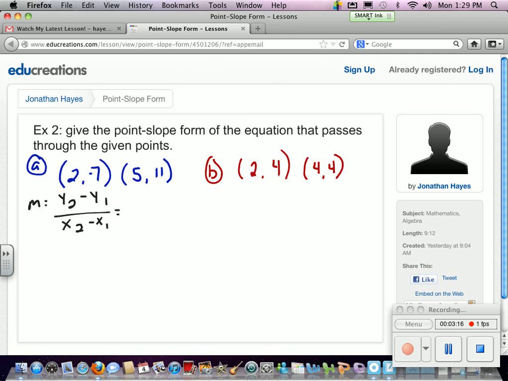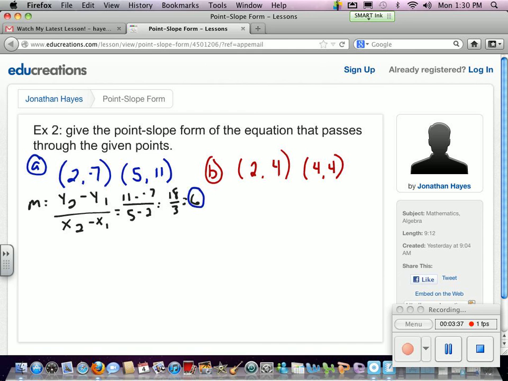So for this problem, we're going to have 11 minus negative 7 over 5 minus 2, so that would be 18 over 3, which would give us a slope of 6.